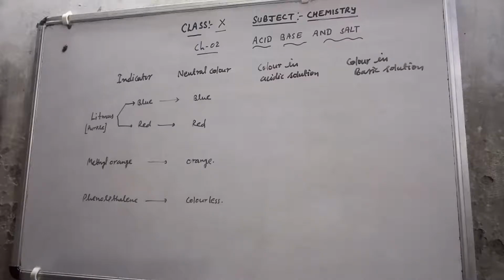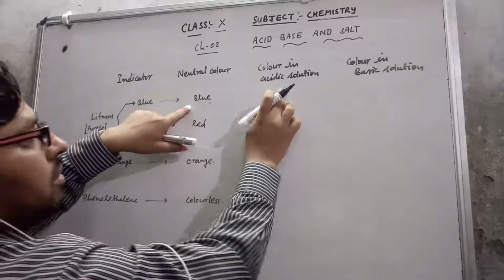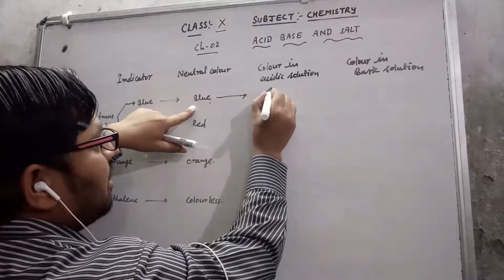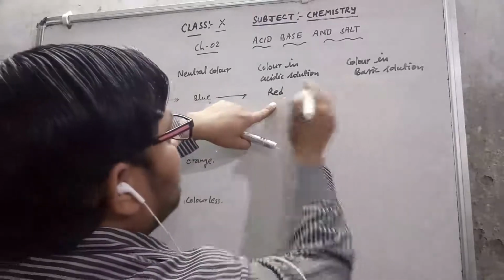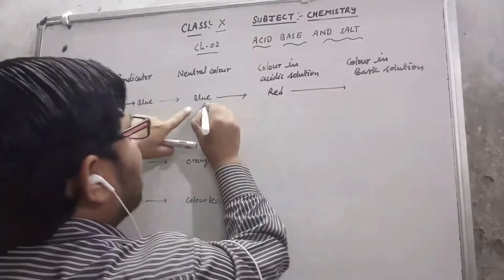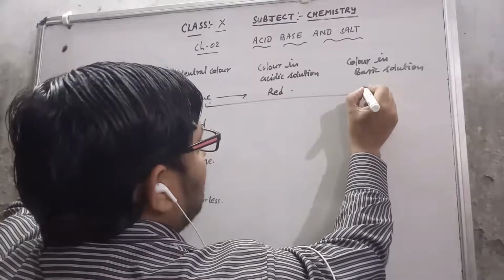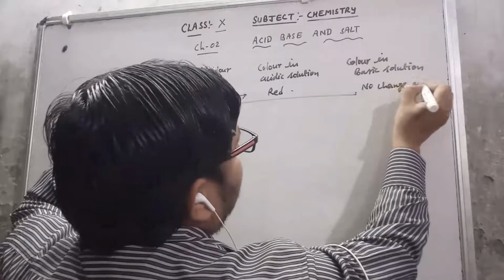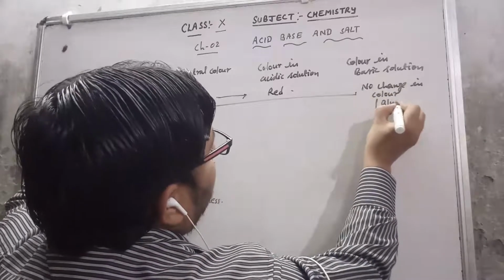Now the point is this: when I add blue litmus in acidic solution, it turns into red. And in basic solution, the same blue litmus does not show any effect, no change in color, meaning it remains blue.